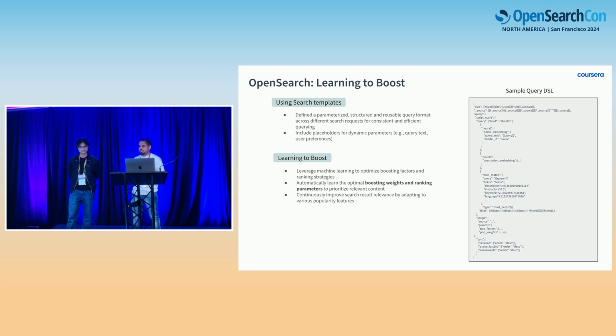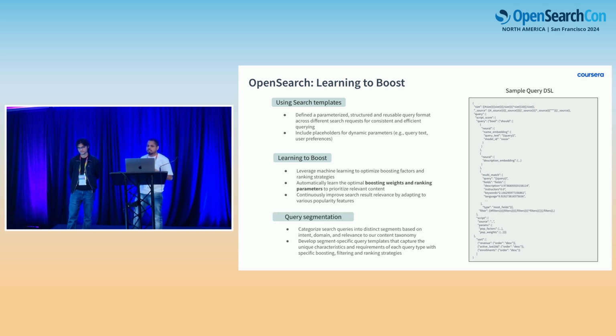Light ranking is a process where we fire multiple queries, compare the results of those queries with a judgment list that we have, and then decide that, hey, for this field, this value would result in the best or most relevant documents. So we create this DSL every day, and we have a pipeline where we upload it to OpenSearch, and then we use it for our queries.